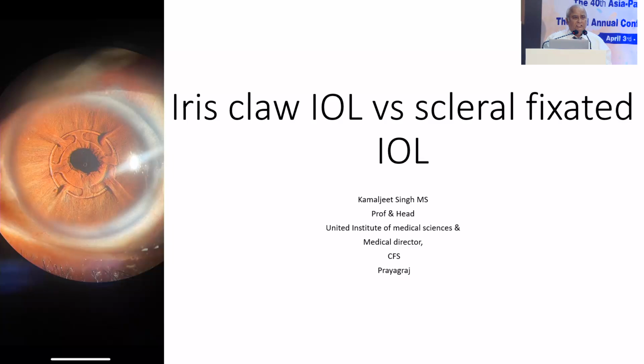And then we have problems like lens drop, IOL drop, or PCR, where you cannot implant a good foldable IOL or even a 3-piece PMMA lens. So in those cases, this comes in handy.